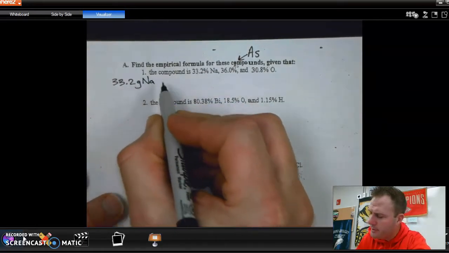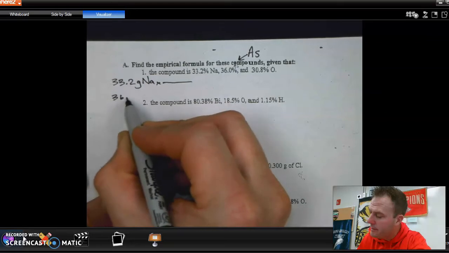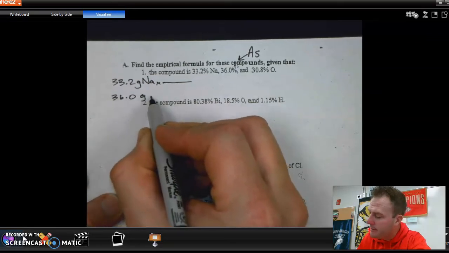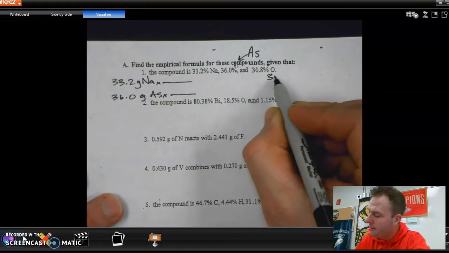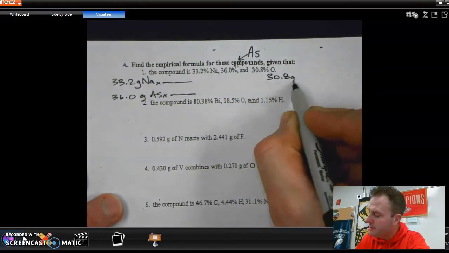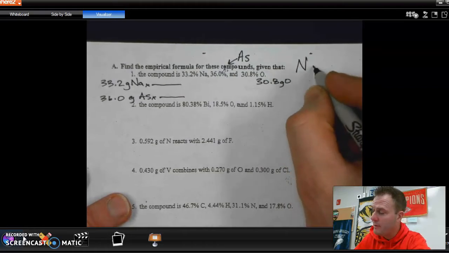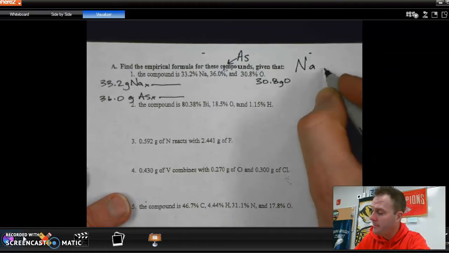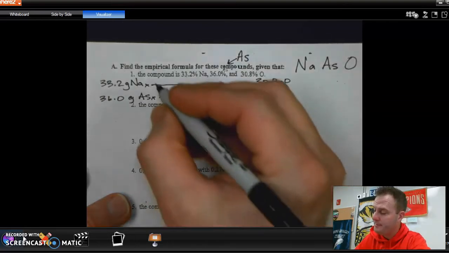Instead of percentages, we know it's going to be grams. So we're going to go 33.2 grams of sodium, 36 grams of astatine, and then 30.8 grams of oxygen. Now we know that our formula, I just like writing them in order, is going to be Na something, As something, O something.